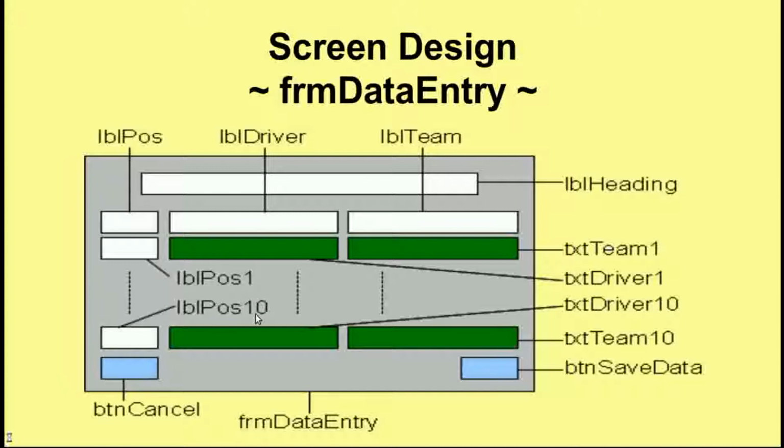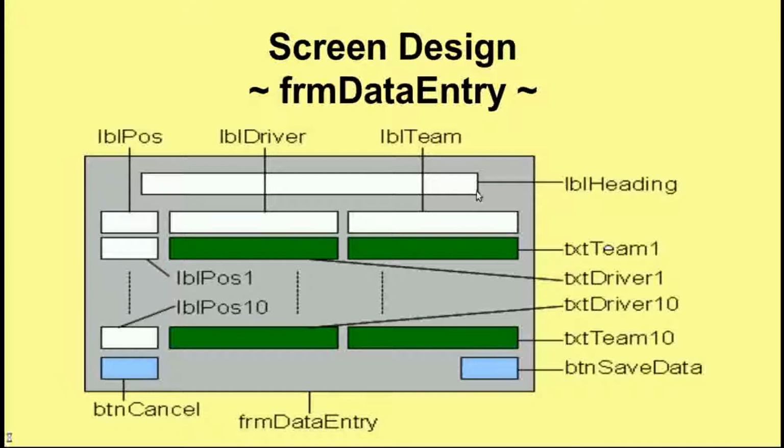Here's the screen for the form data entry. First of all, at the bottom here it says FRM data entry. That names the form. And then for each control, for each item on the form, it shows their name and type.